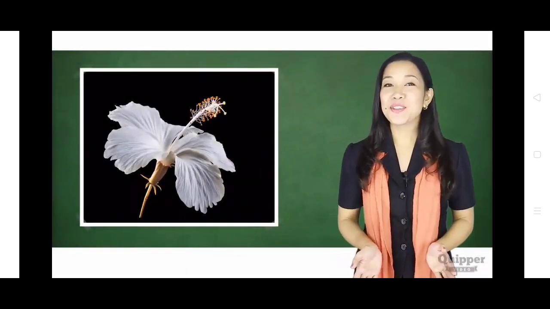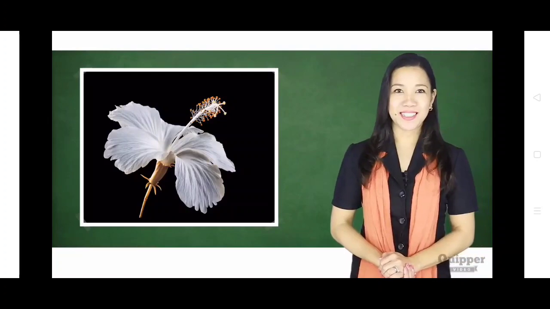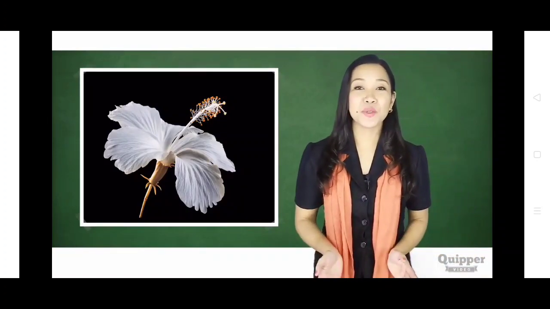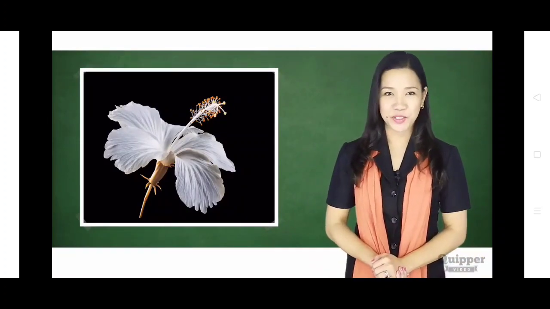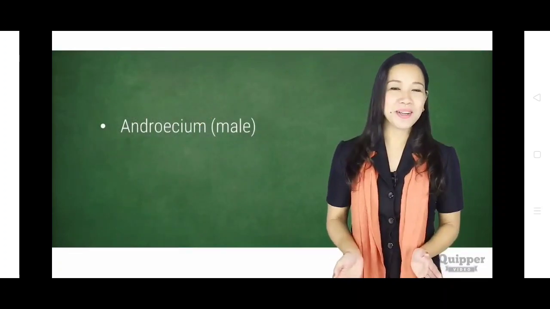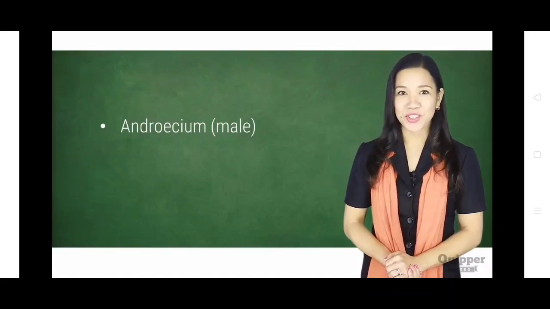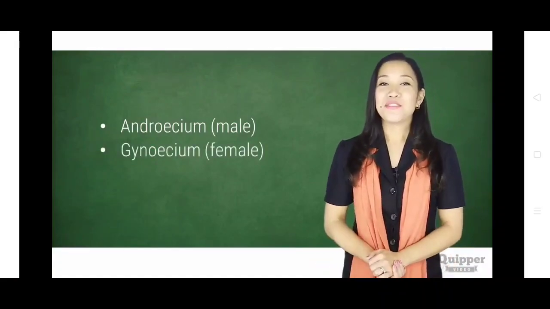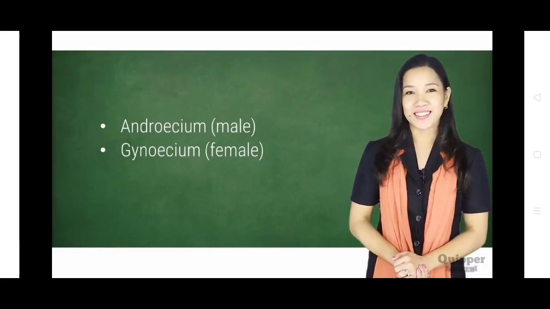Let us first look into the world of angiosperms. Flowers are the sexual reproductive organs in angiosperms. They consist of the androecium, the male reproductive structure, and gynoecium, the female reproductive structure.